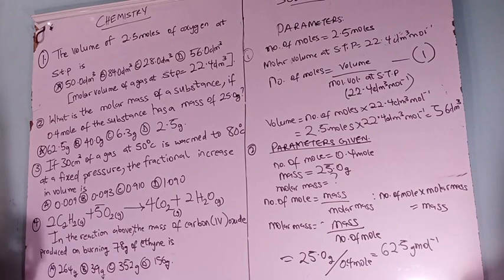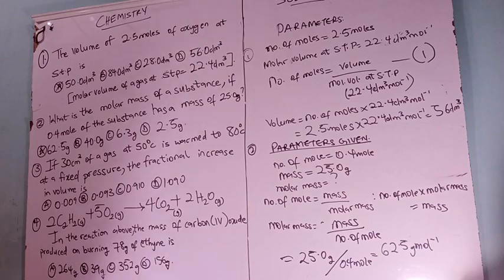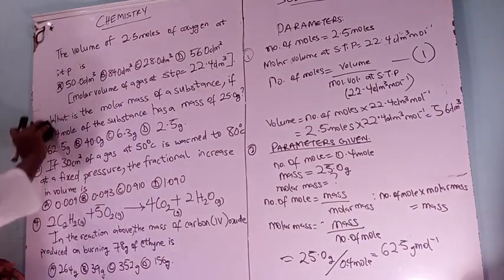Do you get it? Now the next one, we have question 3. If 30 centimeter cube of a gas at 15 degrees Celsius is warmed to 80 degrees Celsius at a fixed pressure, the fractional increase in volume is, I'm going to wipe this up.